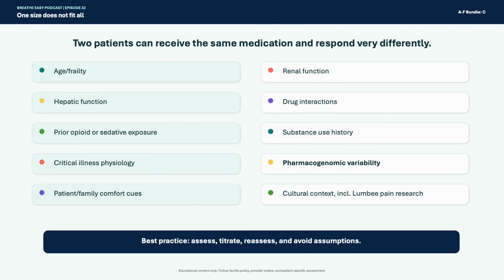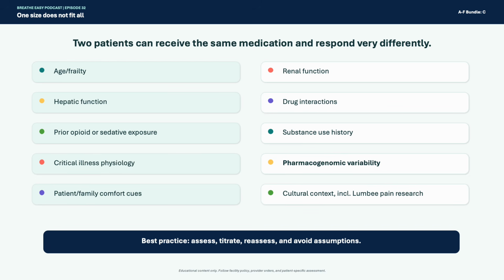Two patients, same medication, same dose, completely different response. Why? Age and frailty, renal and hepatic function, drug interactions, prior opioid exposure, substance use history, critical illness itself, which changes volume of distribution while you watch, and pharmacogenetics, where literature describes real variability in analgesic response tied to metabolism and genetics.